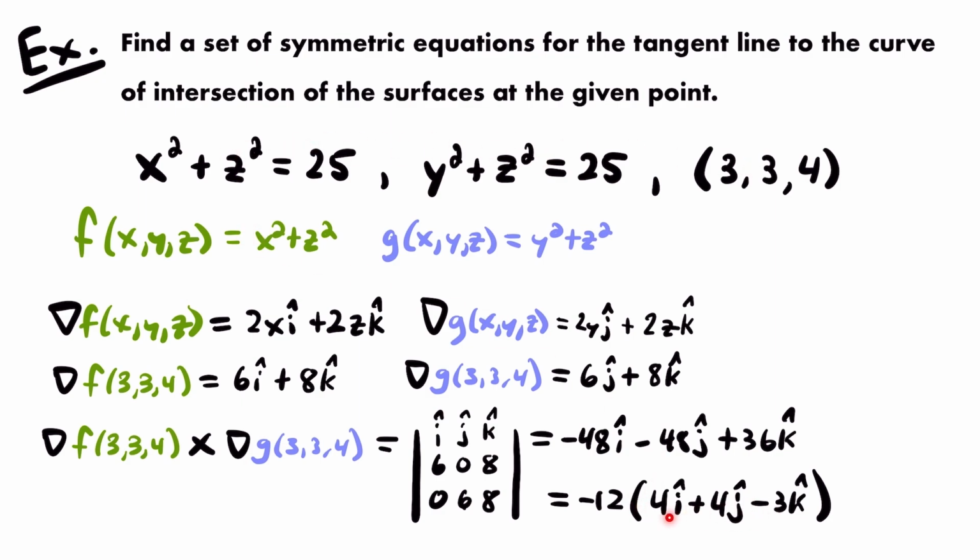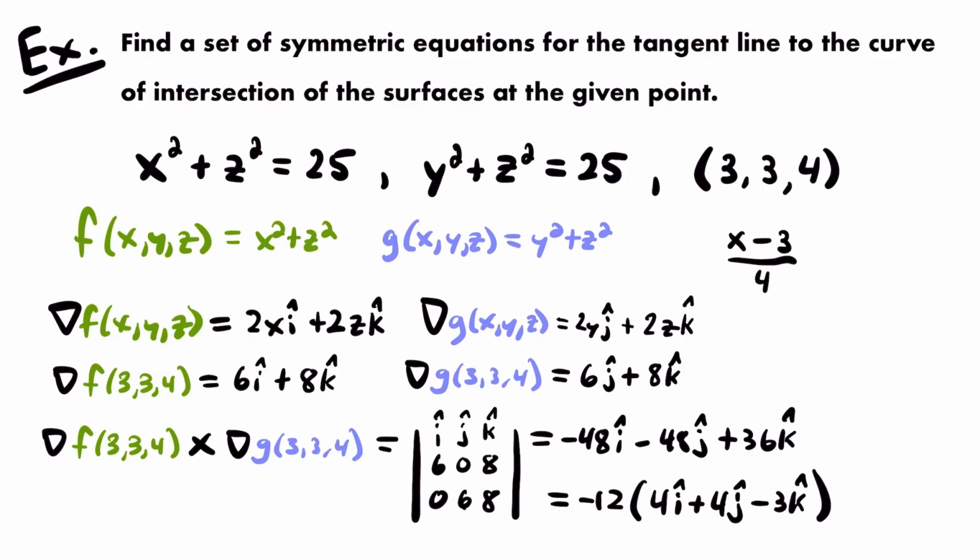Now we just have to use the components of this vector, which we have simplified by pulling out a common factor. That is fine. We are allowed to do that. And we can construct the symmetric equation of the tangent line. Okay, so remember the form. It's x minus the x coordinate of the point, which is 3, divided by the x component of the vector that you're using. In this case, we're using this vector. So the x component is 4.